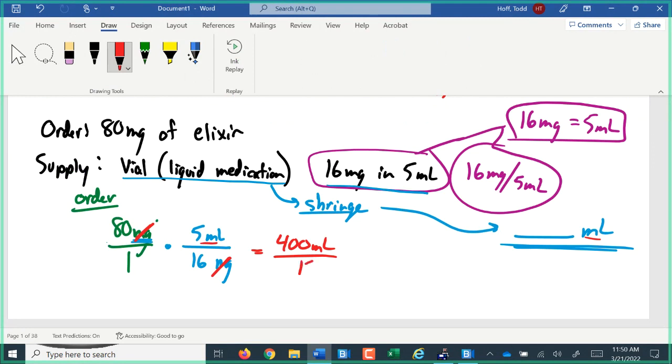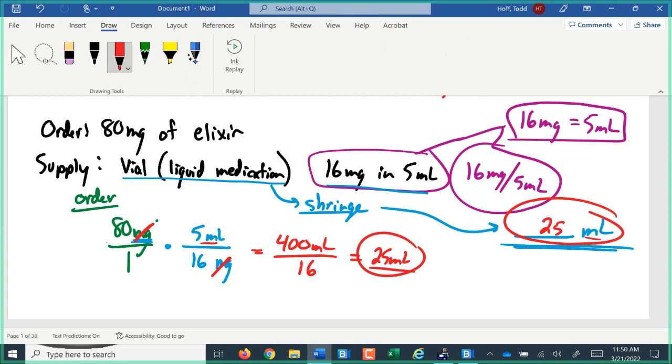Over 1 times 16 is 16. Then if we divide that out, 400 milliliters divided by 16 is 25 milliliters. So we would administer 25 milliliters of that medication to that patient.